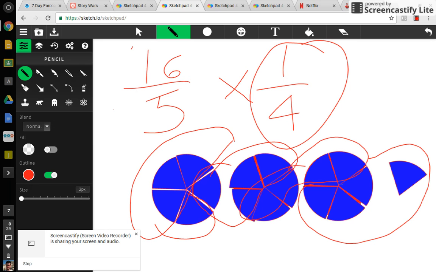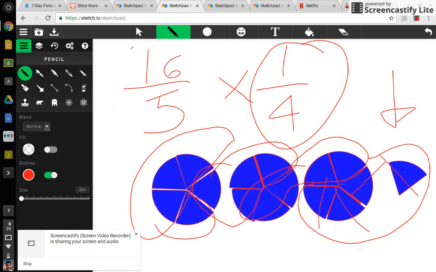Okay, so let's look inside that group and we can ask ourselves how many fifths are inside of that group. Well, let's just look down here at this group and we'll count our fifths. We have 1, 2, 3, 4 fifths inside of our group.